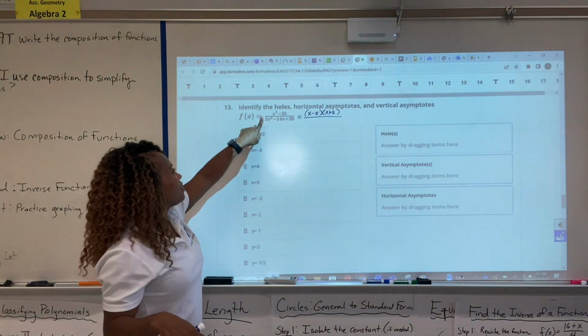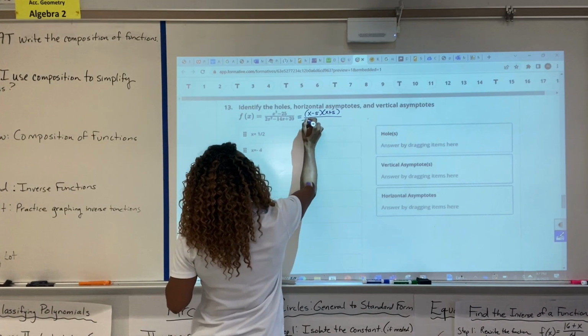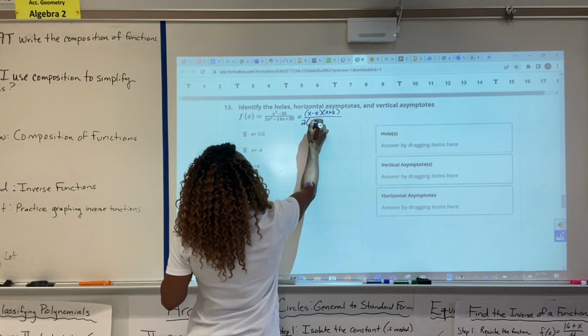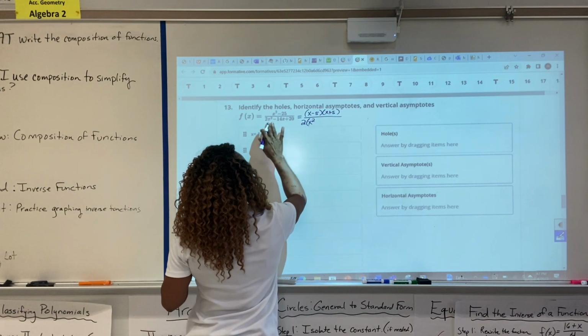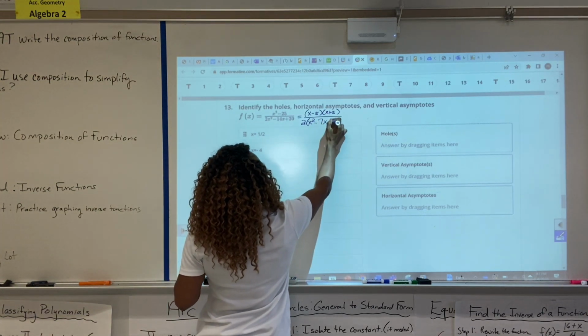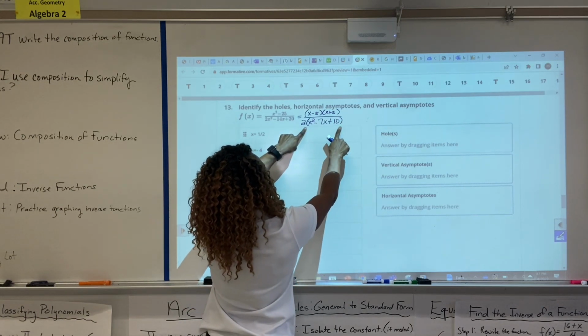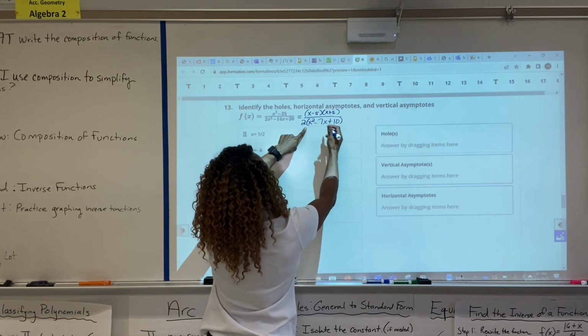In this case, I see there are some 2's in there. So what I can do is pull a 2 out to the front. That'll leave x squared for the first term minus 7x for the middle term plus 10 here. Now I can factor this if it's possible. And in this case, it's possible.